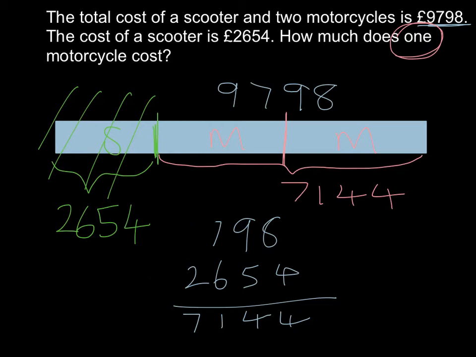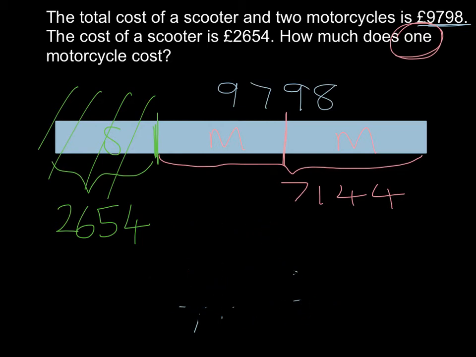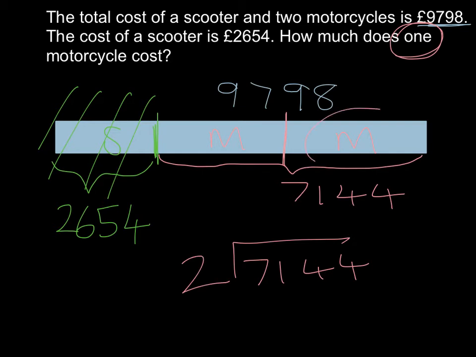So I need to do something else, and I need to do a quick bit of short division. So I'm going to get rid of this so I've got a bit more space. Obviously I wouldn't actually do this in my book. So £7,144 divided by 2, because I need the cost of 1. So 7 divided by 2 is 3, remainder 1. 2 into 11 is 5, remainder 1. 2 into 14 is 7.